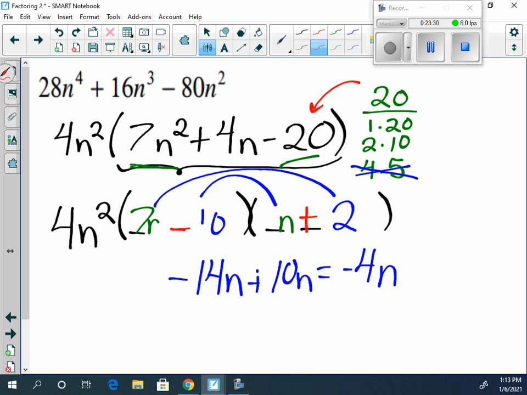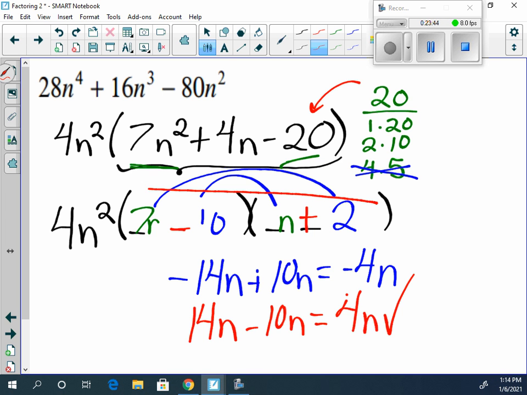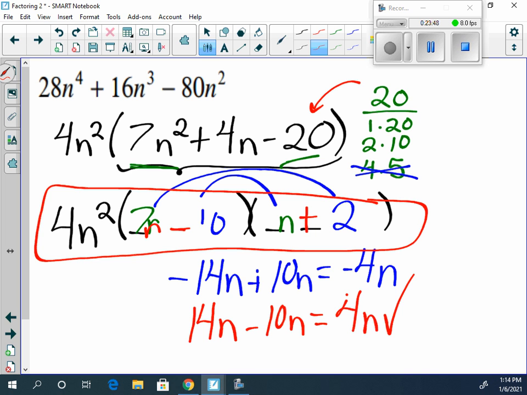Once we flip the signs, we'll have 7n times positive 2, which will give us 14n. And negative 10 times n will be negative 10n, which would give us our positive 4n. So that's all we needed. Once we get the correct number but wrong sign, we flip the signs and we have it correct.